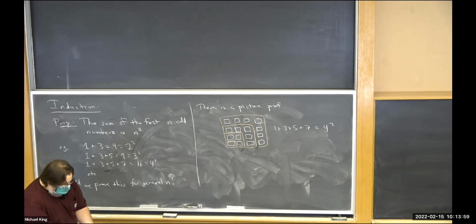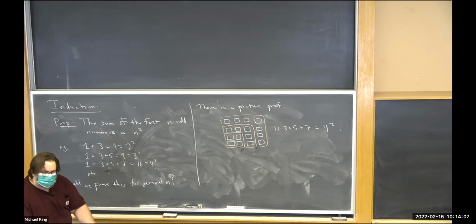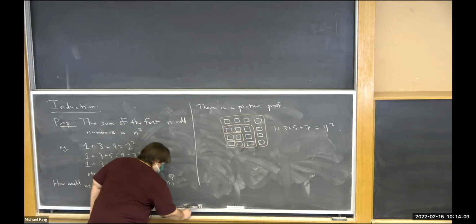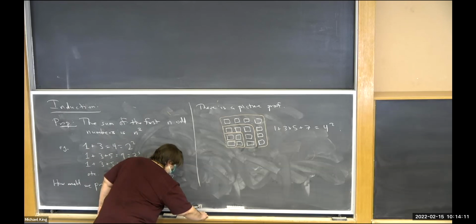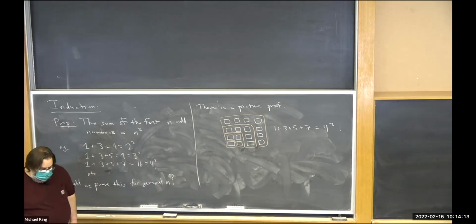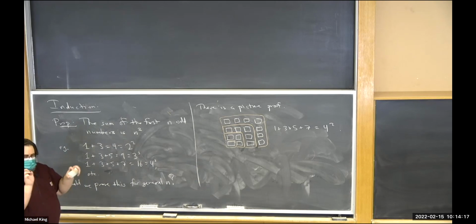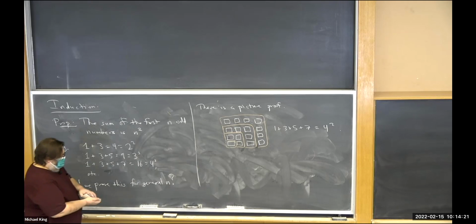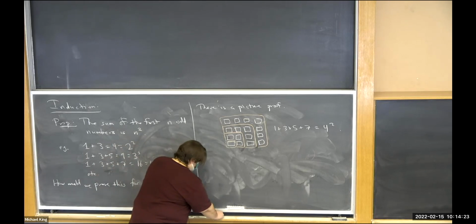But because we're trying to be rigorous in this class, right? How are you going to actually show that this really proves it for the case of the first 100 odds? You could convince yourself that the pattern will continue, but it's not the same thing as a rigorous, general argument.